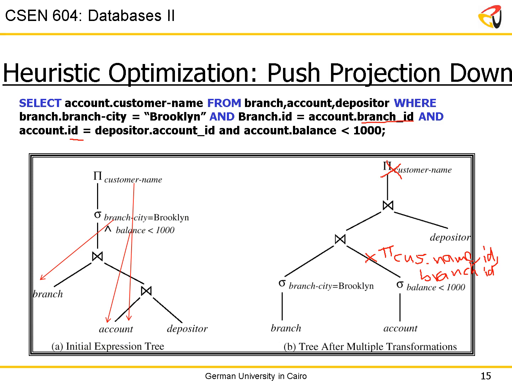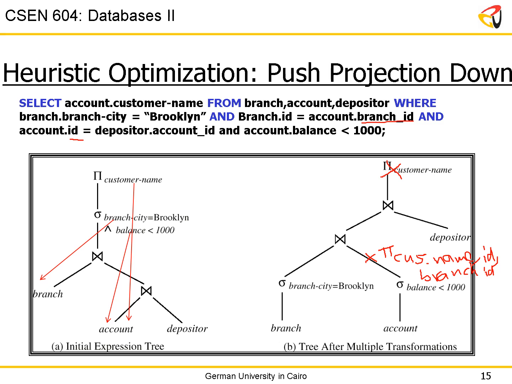As a final note to this slide, the tree on the right is not the one that you will actually see if you have already pushed projection down. So I have put an X there to inform you that actually that will not be the picture.